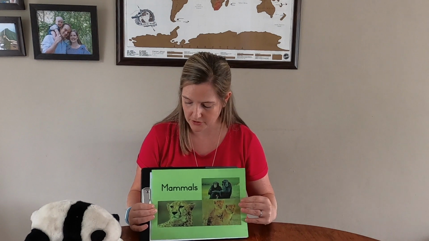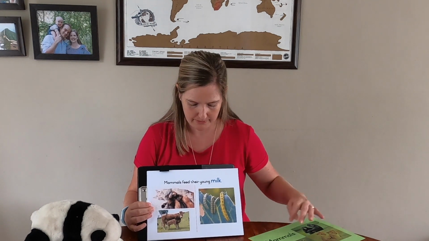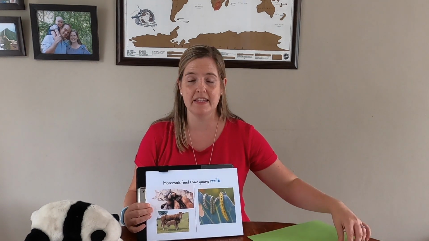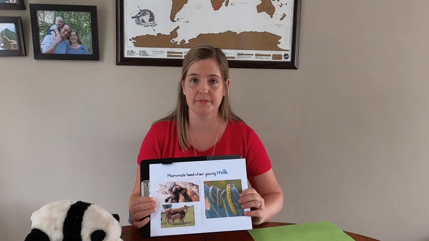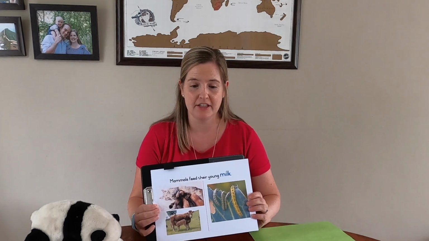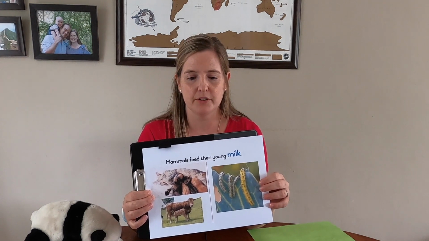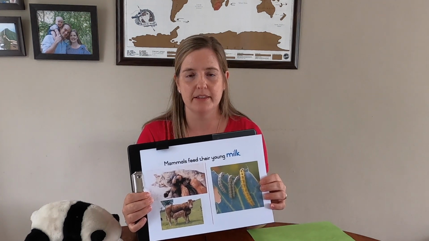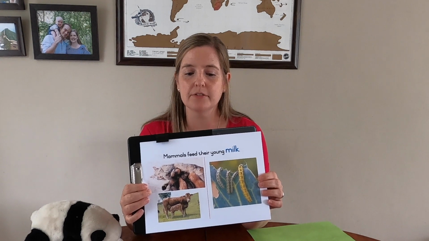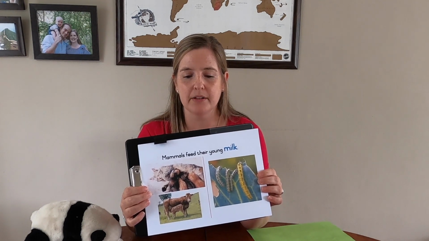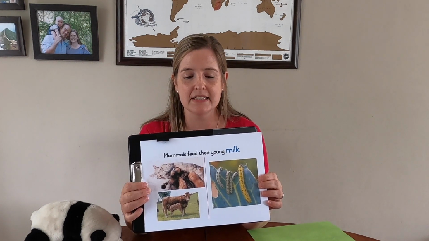Okay, so let's start. The thing about mammals is that they feed their young milk. The moms feed their babies milk. So if you look at these pictures, I'll hold it up so you can see. We've got on the one side a cow with her calf, drinking milk from her mom. And on the other one, we've got some kittens.